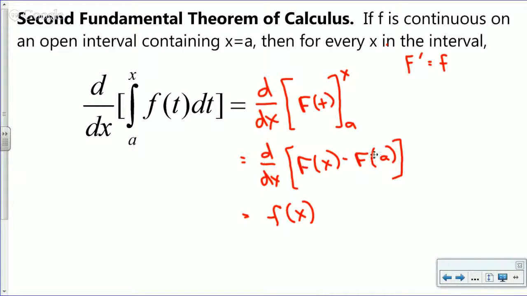Now notice what this guy is. This is some function evaluated at a constant. So like if a is 2, some constant, then this has to be some, maybe different, constant, right? Regardless, this piece is a constant. And what's the derivative of a constant? Well, 0. So that's how we get f of x.